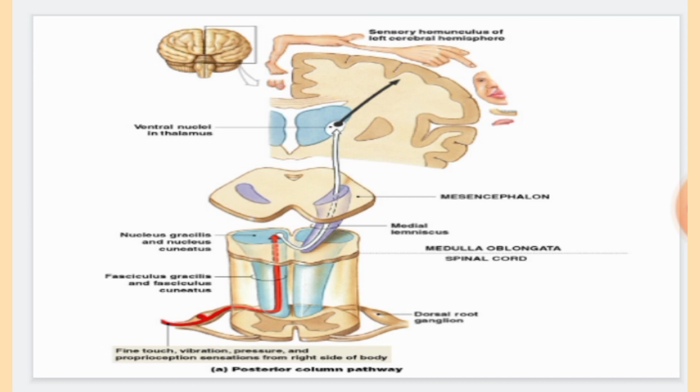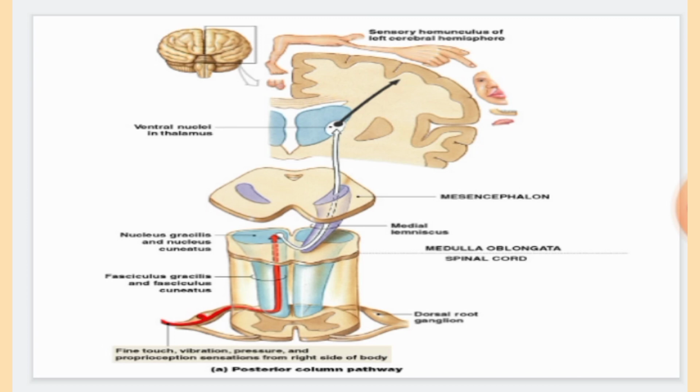The next one is the fasciculus cuneatus, responsible for transmitting vibration, conscious proprioception, and fine discriminative touch sensation from the upper part.